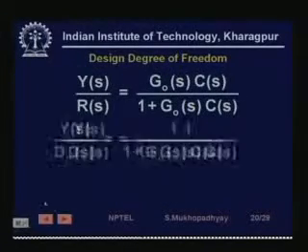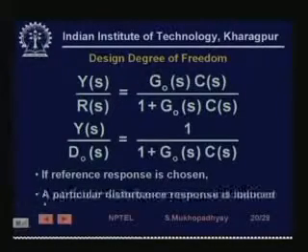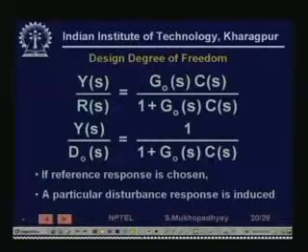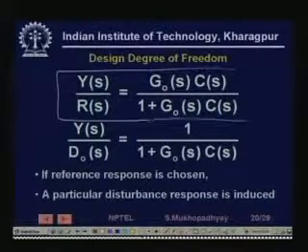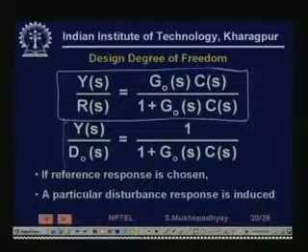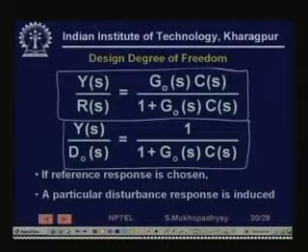This is the transfer function between Ys and Rs, and this is the transfer function between Ys and D0s. If you choose Cs to design your disturbance response, then your set point response is fixed, you can't change it.